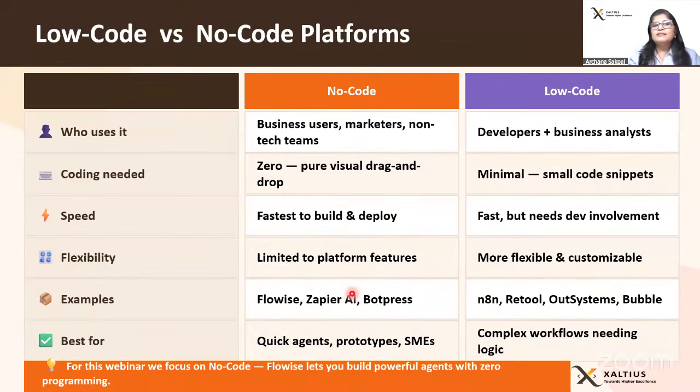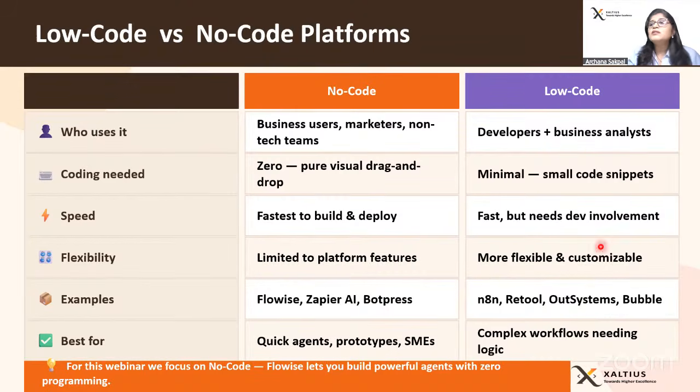Moving on to my next slide, where I'm giving a clear distinction between low code and no code platforms. Both of them are designed to reduce the amount of programming required, definitely, but they are used by two different types of people and for slightly different purposes. For example, no code is meant for business users and marketers who do not program at all.